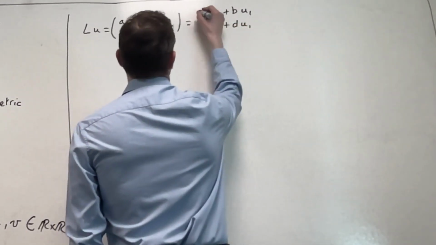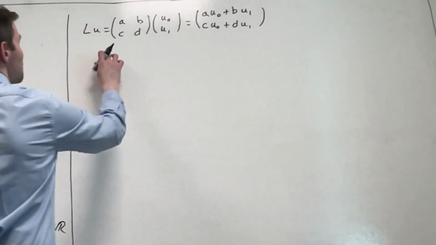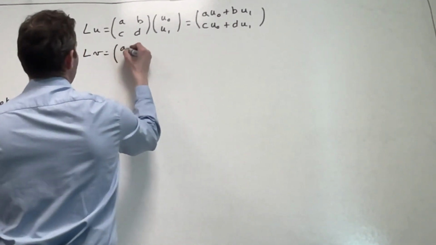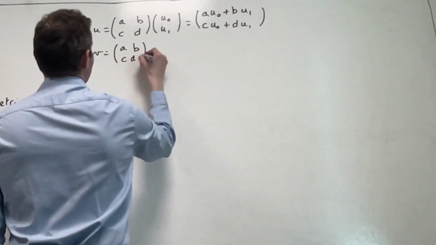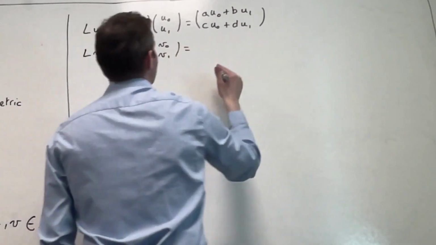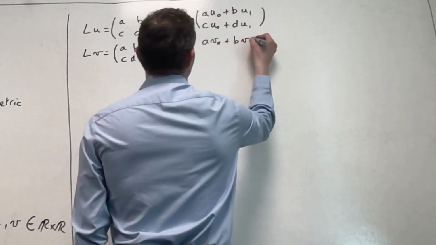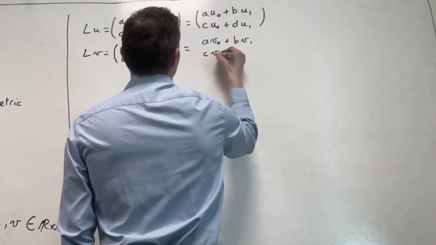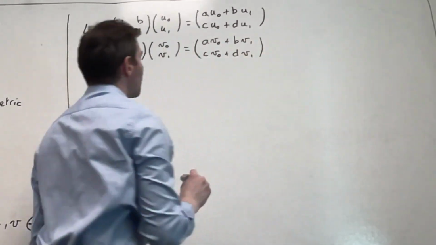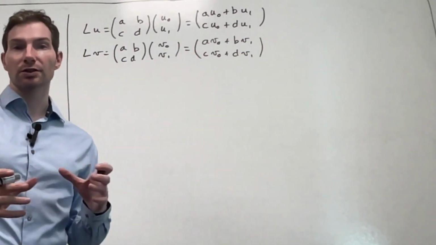Okay, so this is my new vector. Likewise, if you do the same for V, I just need to copy paste, really: V naught, V1, and that's going to be A V naught plus B V1, and then C V naught plus D V1. Okay, so now let's look at what the inner product of these two is going to look like.